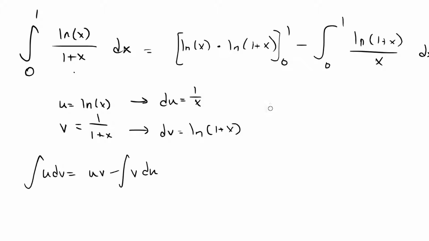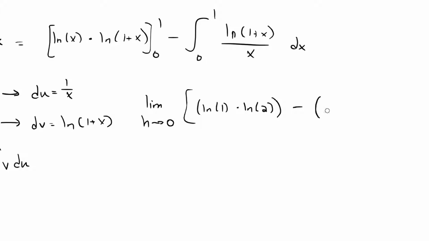I'll tell you what you should do: you should start by taking the limit as h approaches 0 of this here. One part is going to be pretty easy. This is just ln of 1 times ln of 2, which is just 0.